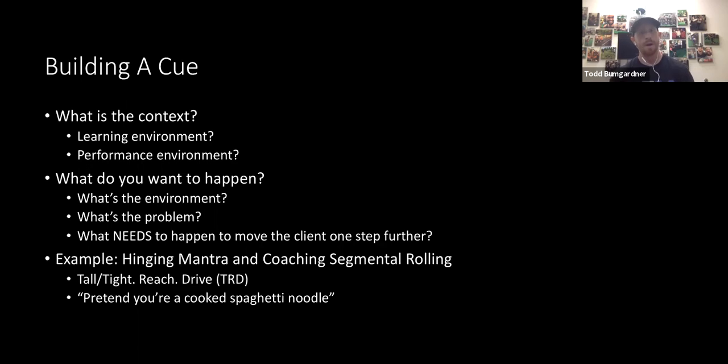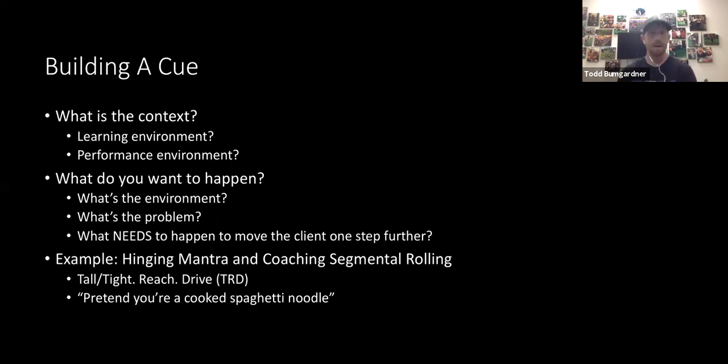Okay, so for example, we needed a really succinct and communicable way to teach people to learn the hinge fast during our personal orientation sessions. And I wanted something that was going to imprint it on their brain. So I came up with tall and tight, reach, drive. So we looked at, what's the environment? It's a learning environment and a performance environment. It's kind of a hybrid, right?